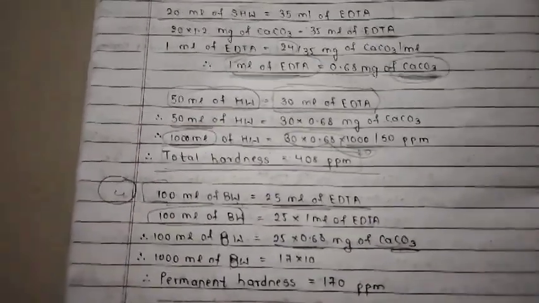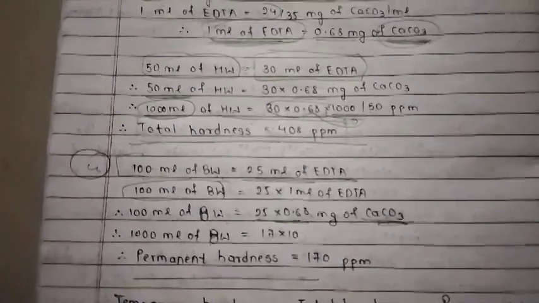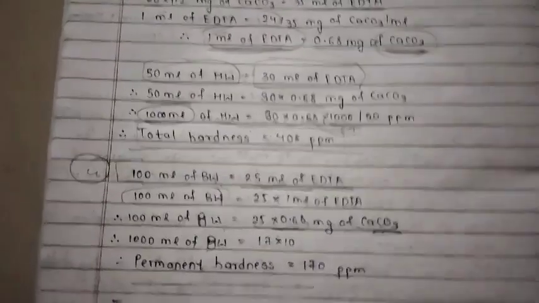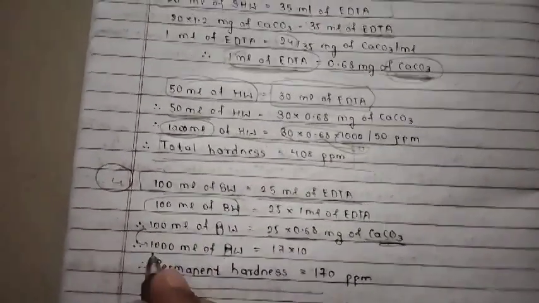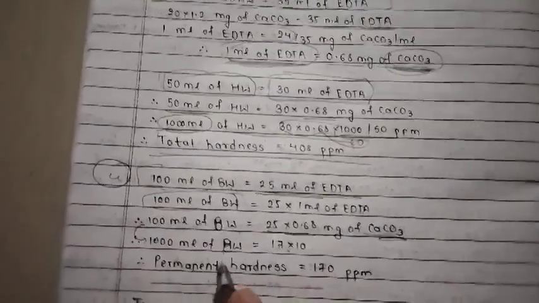Now as I have told you, we don't want the CaCO3 equivalent in terms of 100 ml, 50 ml or 200 ml. We want it as a standard, and standard means 1 liter, or you can say 1000 ml. So for converting 100 into 1000 we just simply multiply both sides by 10.